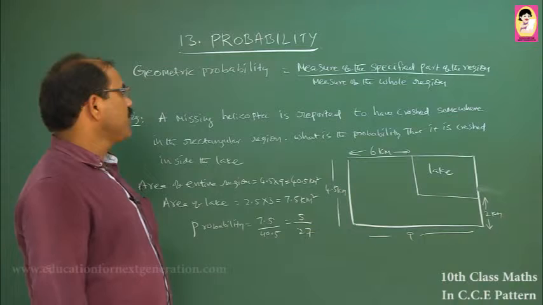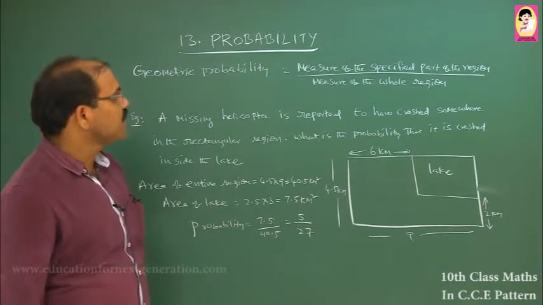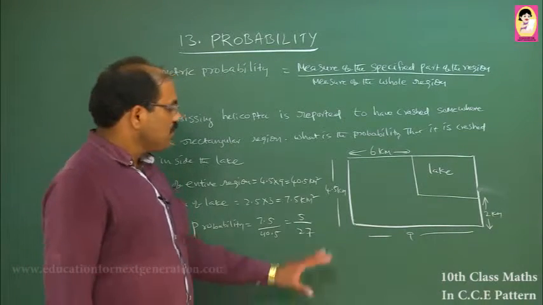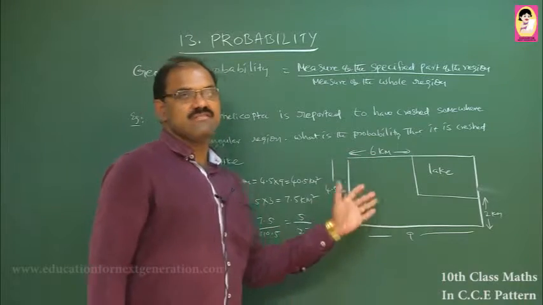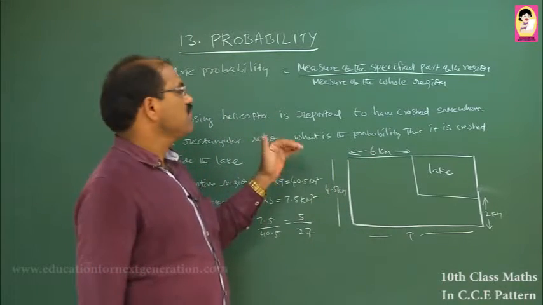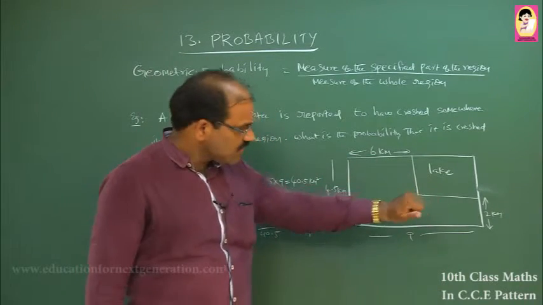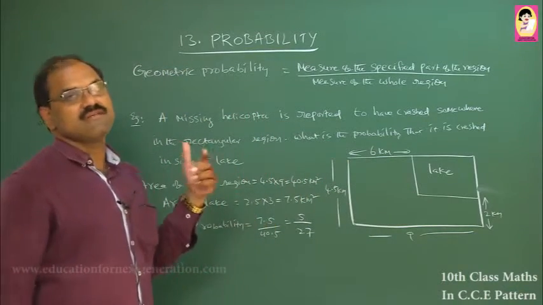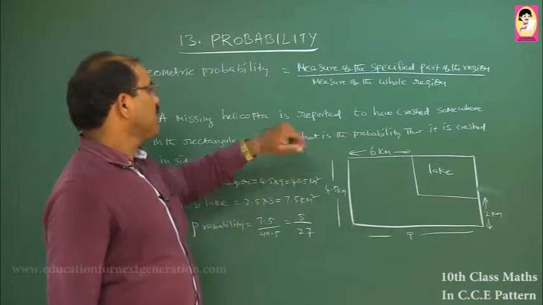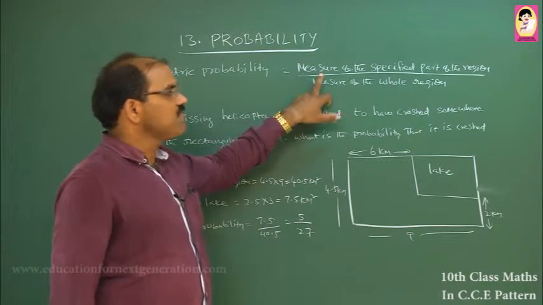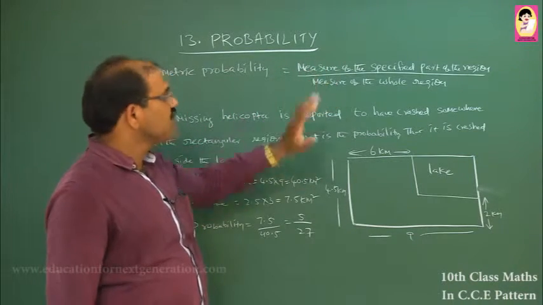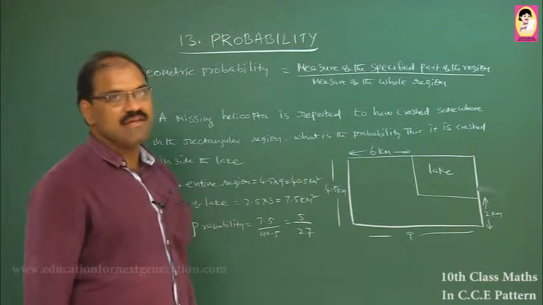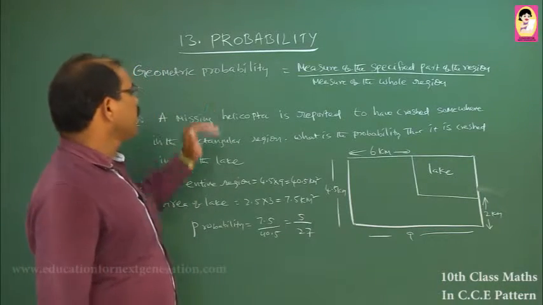About geometric probability: we use geometric probability especially in figures. In the whole region of the figure, we find in which particular region the object occurred. So the area of the specified region divided by the total area gives you the geometric probability.